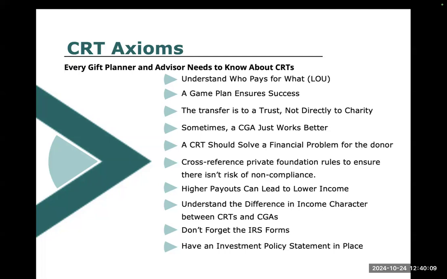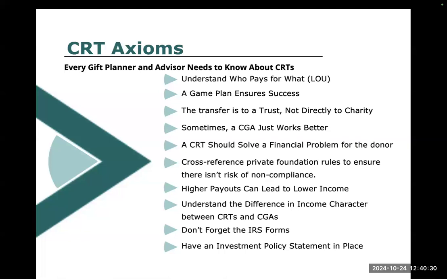So you could butt up against that, but probably the biggest one that you might have issues with is self-dealing. That's probably the most important private foundation rule that CRTs are subject to that you have to be careful of. Another oversimplified example.